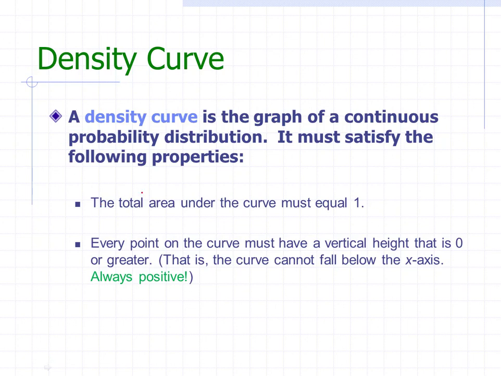The thing about a density curve is that the total area under the curve must equal 1. When we're talking about probabilities, that's 100%. Every point on the curve must have a vertical height that is 0 or greater. So in other words, the curve can't fall below the x-axis. So all the numbers on the vertical scale are always positive.